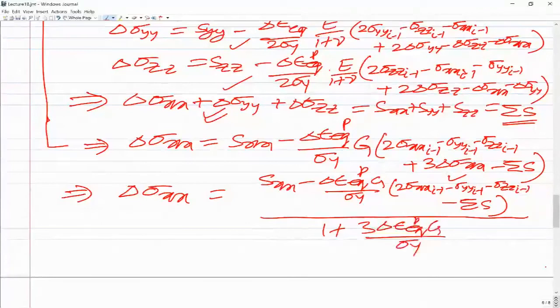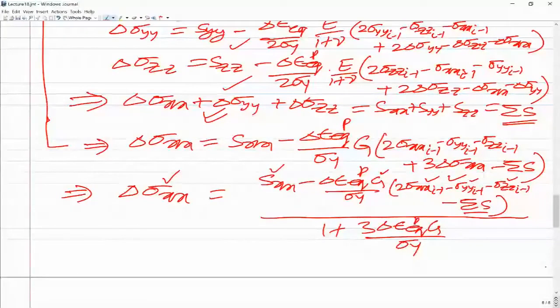So now see, what we have done is we have written this delta sigma xx in terms of delta epsilon equivalent p. This is known because that is simply C into delta epsilon, so that is known. G is a material constant, the shear modulus, so that is known. These are the stresses in the previous iteration, so that is also known. The sigma summation s is also known.